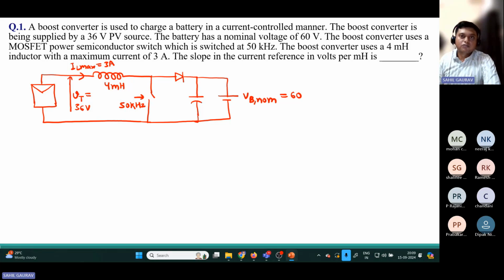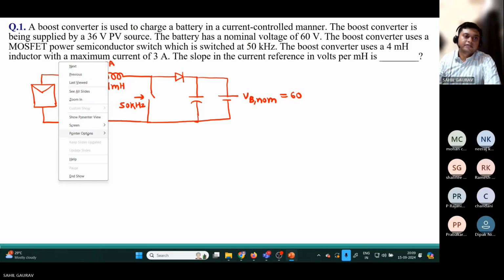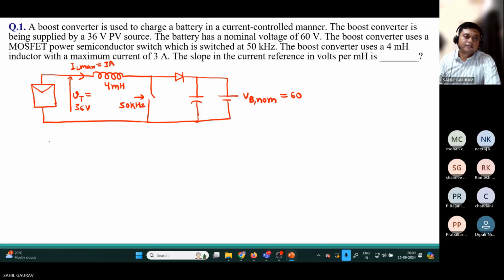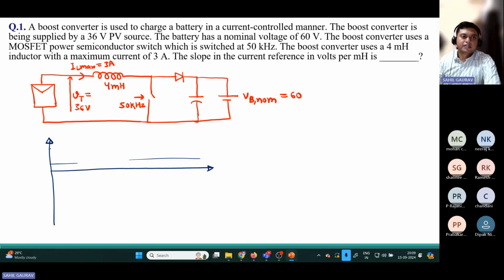So we have to find the slope. So how will we make the IL current? Let's make the band first.